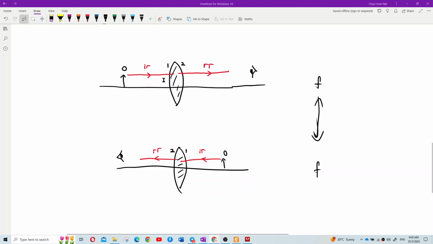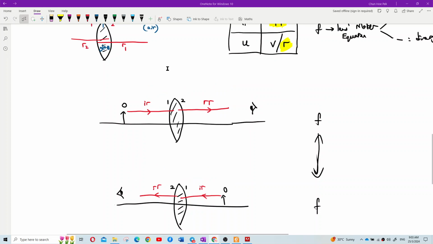Okay, so I'm putting this one, surface one. This surface, put it as radius R1, let's say for the biconvex lens, 1.2. And this one R2 is 1.5, let's say, class. Put it as cm.